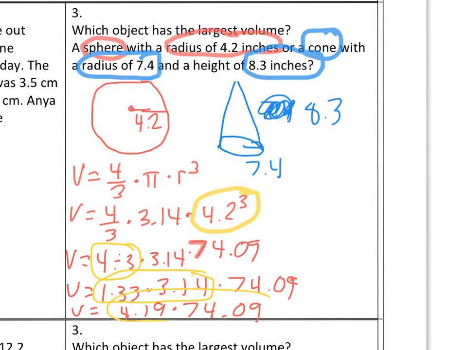So just go ahead and take your 4.19 and multiply it times 74.09. So in your calculator right now, it should still say 4.1866667 times, press the multiplication key now, times 74, press the decimal button, 09, and you should get 310.19.